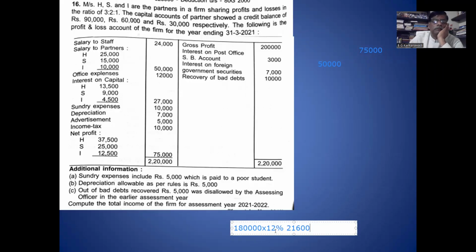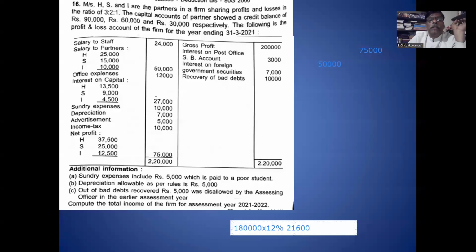You check that. 21,600. Am I right? 1,80,000 at 12%. 1,80,000 is the capital, and 12% on that is 21,600. Right? 21,600 is allowable.